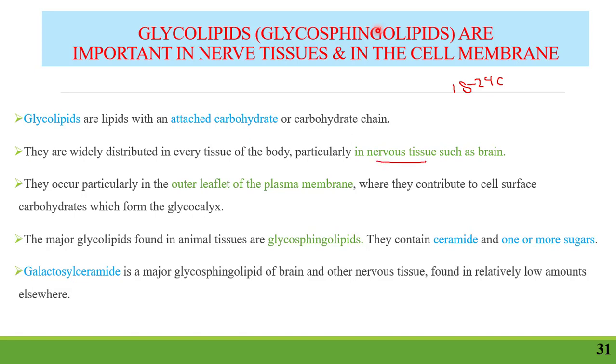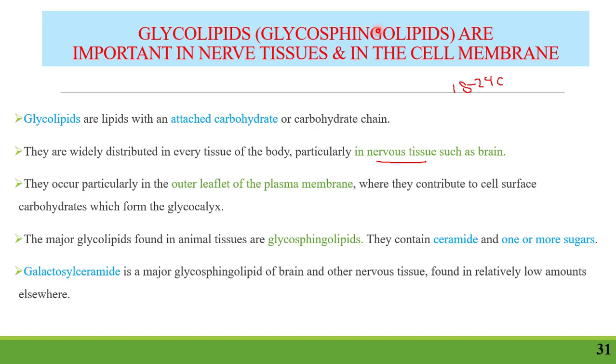It contains choline, and sphingomyelins are the only sphingolipids which contain phosphate and have no sugar. They are found in large quantity in the nervous system.